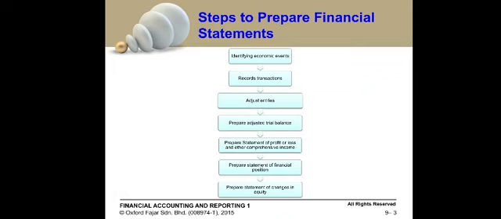After you have recorded transactions in the journal, you have to transfer the journal entry to the ledger, and then after you have recorded everything in the ledger, you have to prepare a trial balance. That is the recording process, and then after that you have to do the next step.